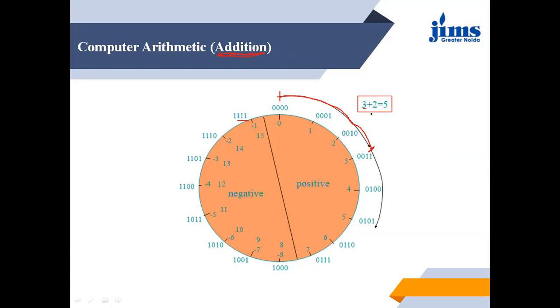Now again we have to add 2 in this. So this is 1 and this is 2. So the value is 5. You can see from here, if we perform this in decimal numbers also, then when I add 3 with 2, it is 5.